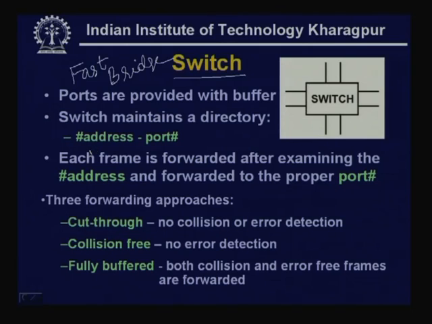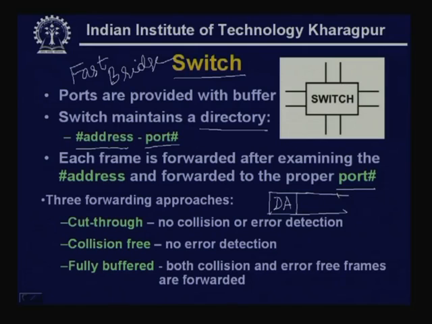It uses a table or a directory having the address and port number, and each frame is forwarded after examining the address, to the proper port number. I have already discussed the three techniques: cut through, collision free, and fully buffered. In cut through, the frame is forwarded only after receiving the destination address, which is in the beginning of the frame.